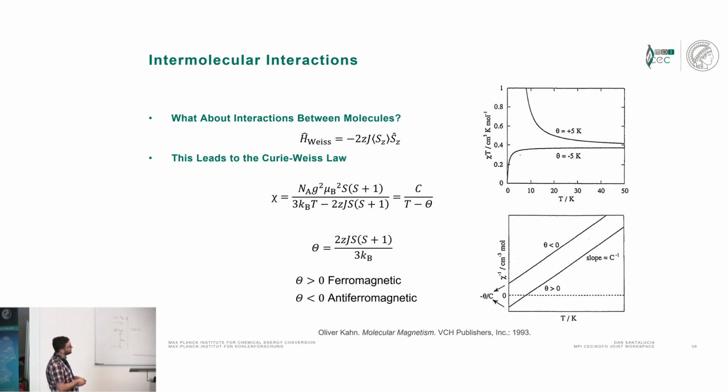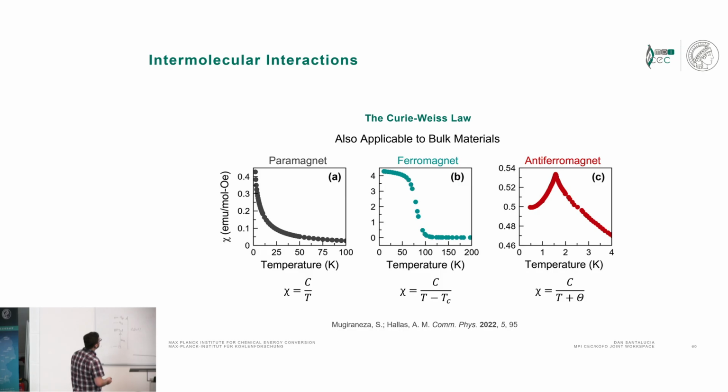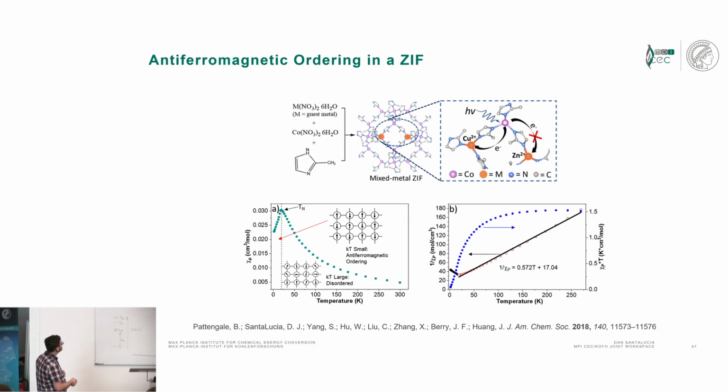But if you see an x-intercept, you have a good idea, hey, I might have an intermolecular interaction that I need to account for. And so this is applicable to bulk materials. So here's the Curie law for a paramagnet. Here's how it looks for a ferromagnet. We call that the critical temperature. An antiferromagnet, we actually usually call that the Néel temperature, but it's essentially the same idea.